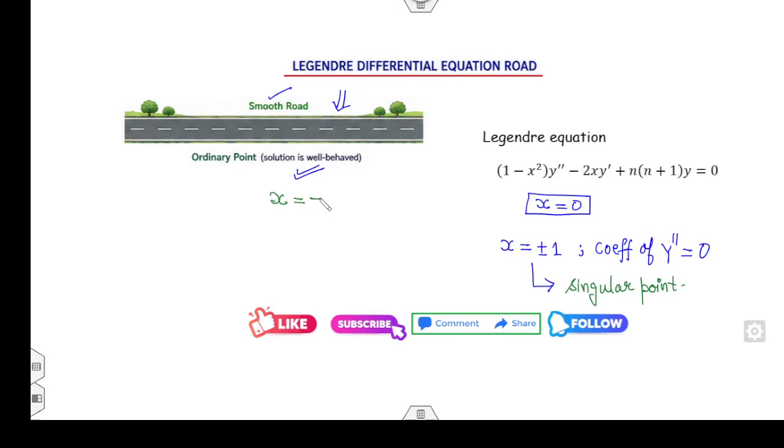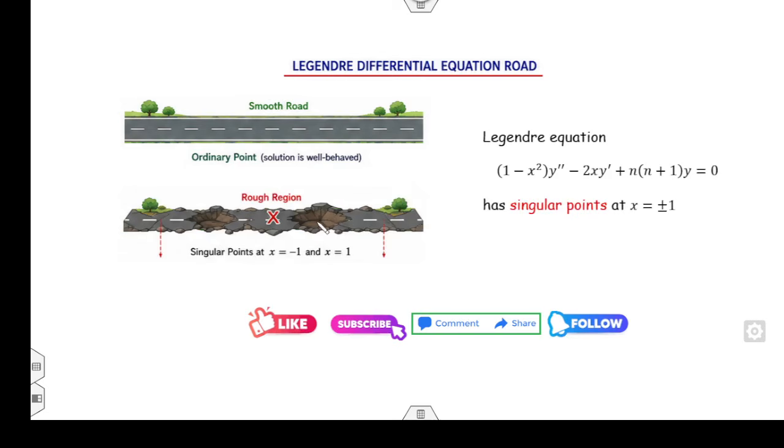That means at x is equal to plus minus 1, the solution is disturbed, meaning the solution will not be well behaved. So in this road example, what would you call a disturbance? Disturbance is when there is some obstacle at the point x is 1 or at the point x is -1, and for that reason the solution is not well behaved at the points -1 and +1.